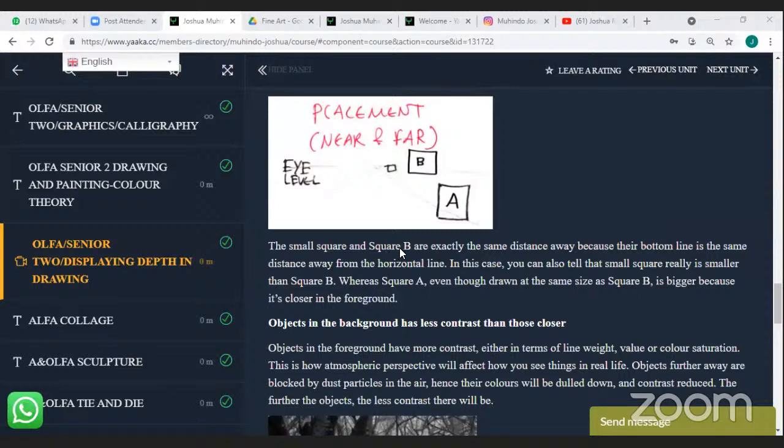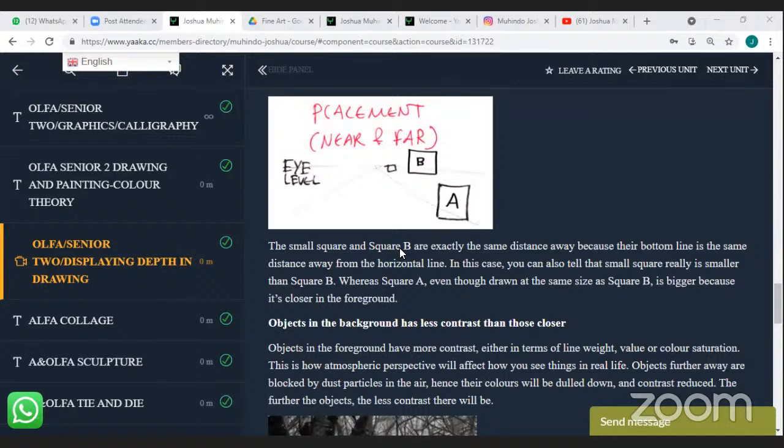The small square and square B are exactly the same distance away because their bottom line is the same distance away from the horizontal line. In this case, you can also tell that the small square really is smaller than square B, whereas square A, even though drawn at the same size as square B, is bigger because it's closer to the foreground.